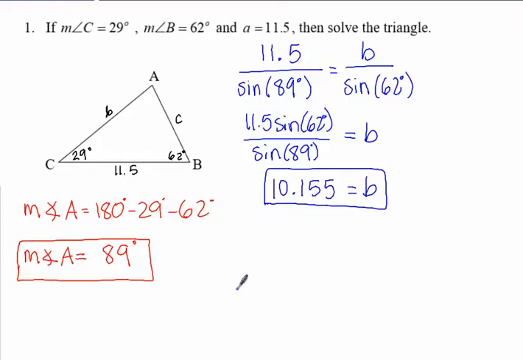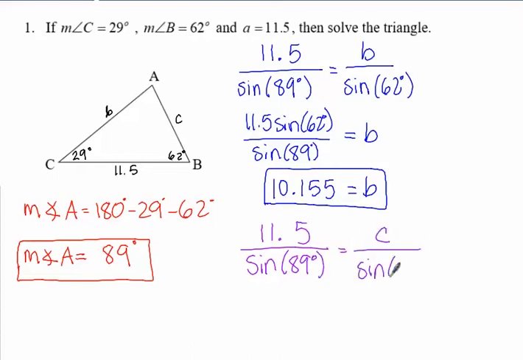Now I need to find side c, and I'm going to use the same method. I suggest always using the information that you are given in the problem instead of pieces of information that you have calculated, to avoid additional round-off error. So to find side c, I'm again going to use the proportion for side a equals side c divided by sine of angle C, which is 29 degrees.